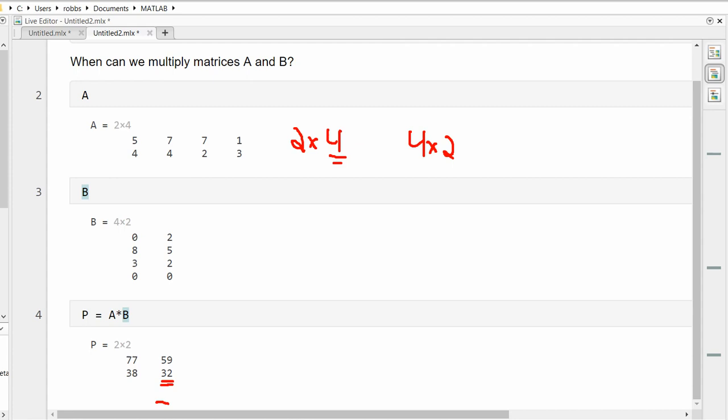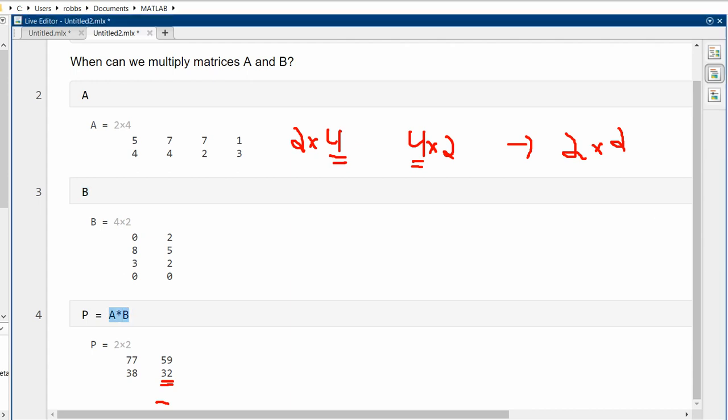And the inner dimensions match, so we can multiply them, and we know the resulting dimensions will be 2 by 2. All right, and just notice that when I multiply in the opposite order, I get a 4 by 4.